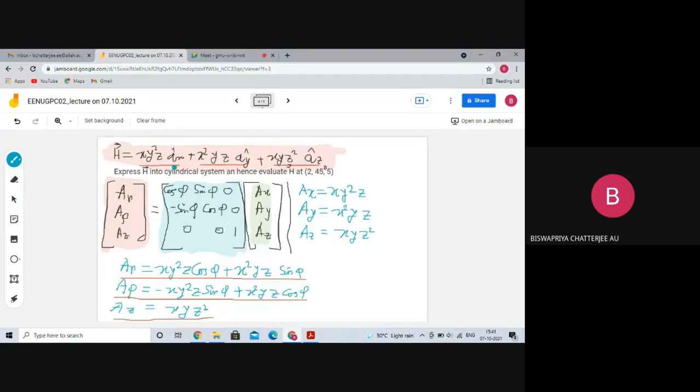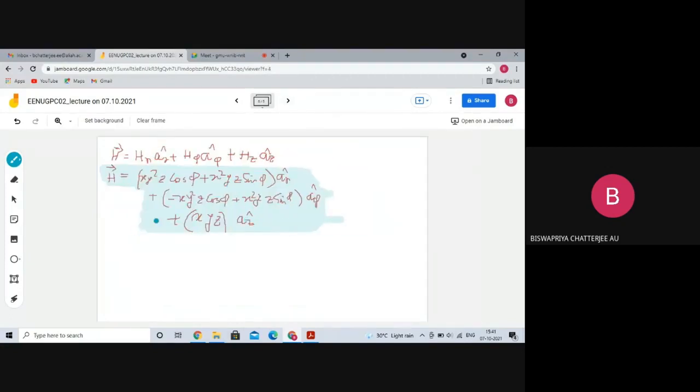It is represented by x, y, z. However, although we have transformed into the cylindrical system, the symbols x, y, z are still there. So the final job, you need to replace x, y, z by suitable r, phi. That is the final task you need to perform.